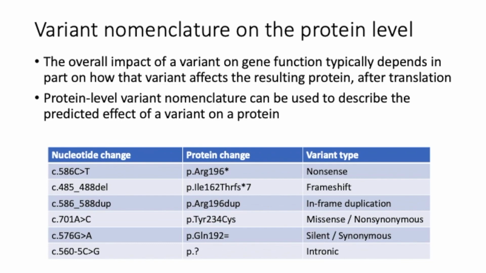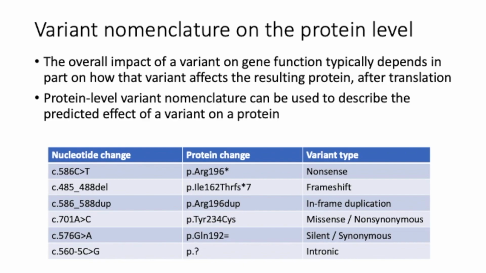Shifting the reading frame also leads to the creation of a premature stop codon downstream of the deletion. In this example, the new premature stop codon occurs 7 amino acids downstream of where the deletion occurs, starting from the isoleucine amino acid at position 162. The new premature stop codon is again denoted by an asterisk, and the number after the asterisk denotes how far downstream this occurs in the protein.